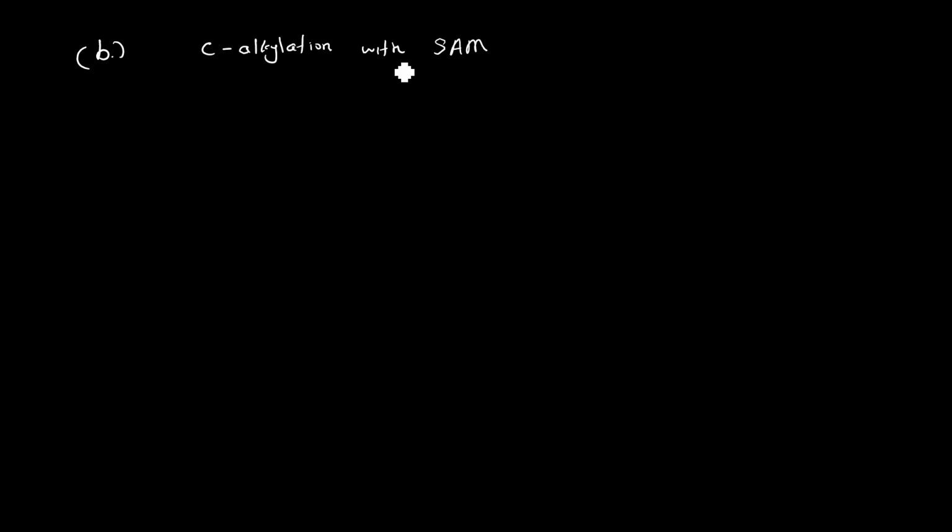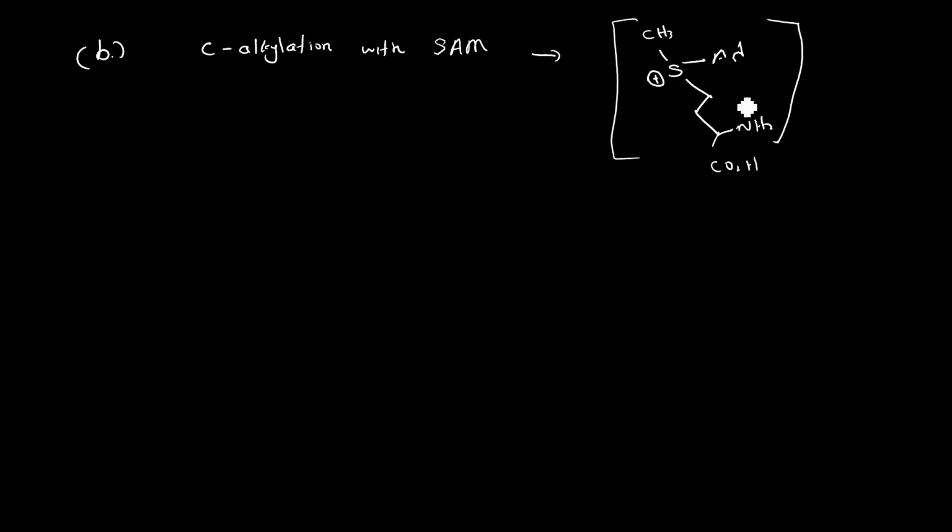As I have told you, you don't need to memorize the structure, but you need to have a common idea of how this SAM works. You need to know that there's a sulfur and a methyl group, and this sugar part, and this NH2 and CO2H group, and also a positive charge. You need to know how to draw this. So I hope you get the idea.